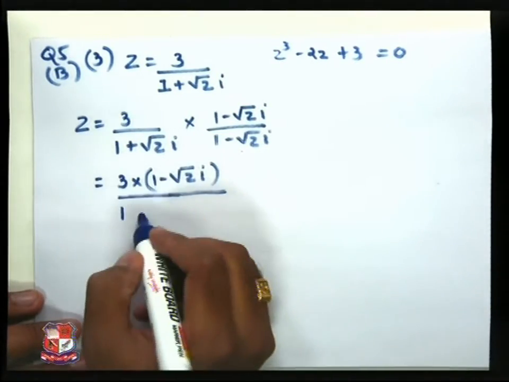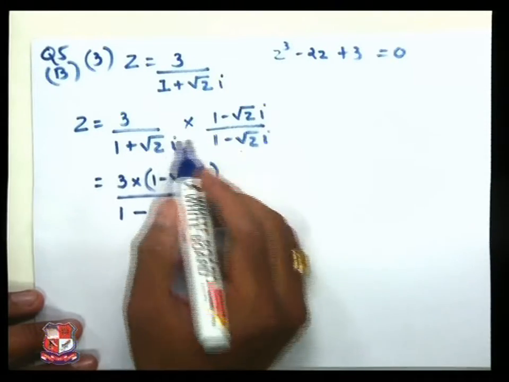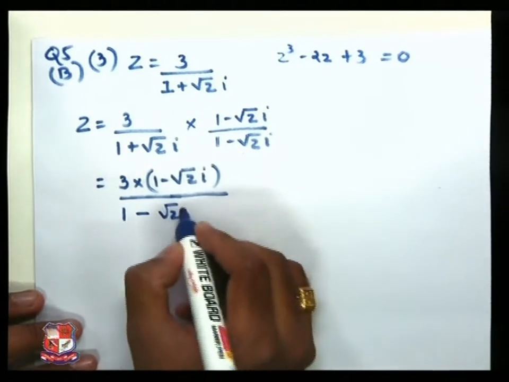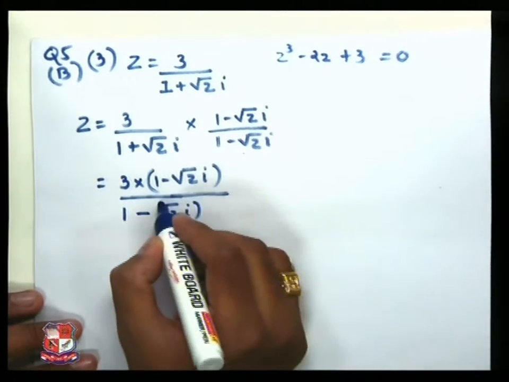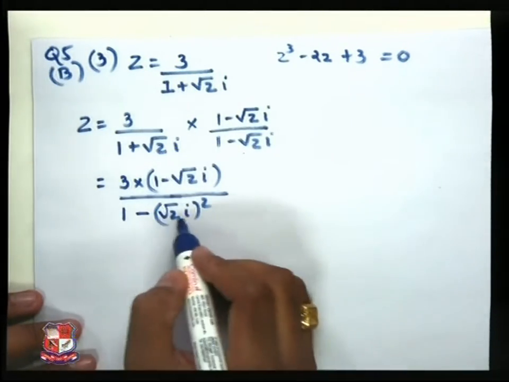So 1 square minus under root 2i whole square.